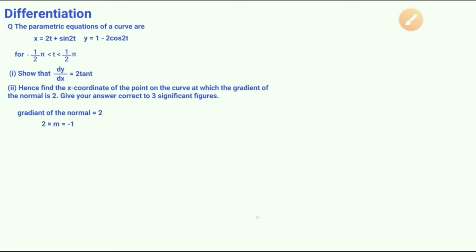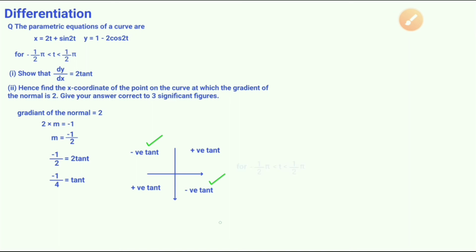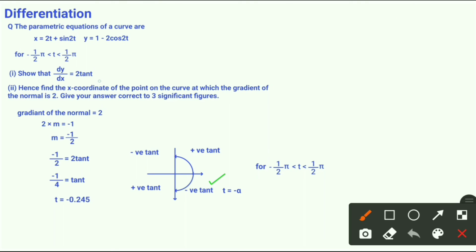Let's find the x coordinate of the point at which the gradient of the normal is 2. Gradient of the normal is 2, so you find the gradient of the tangent and you put it in the equation. Okay, what's happening in here? Hence find the x coordinates of the point on the curve at which the gradient of the normal is 2. First you need to find the gradient of the tangent.